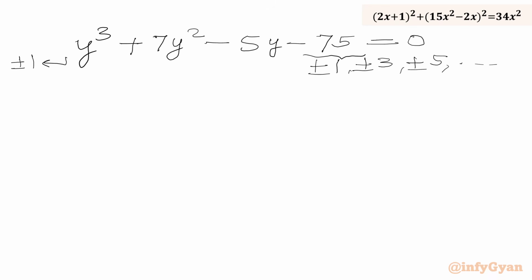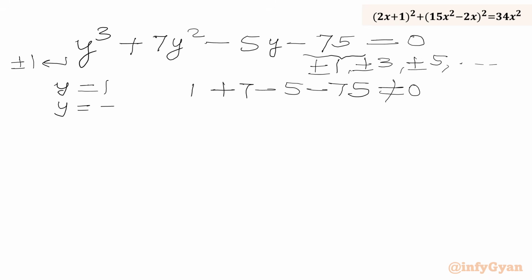Let's take the ratio of constant to leading coefficient. If I check our equation at y equal to 1: 1 + 7 − 5 − 75. It is not satisfying our equation. If we check y equal to −1, we are going to write −1 + 7 + 5 − 75. Again, it is not satisfying our equation.